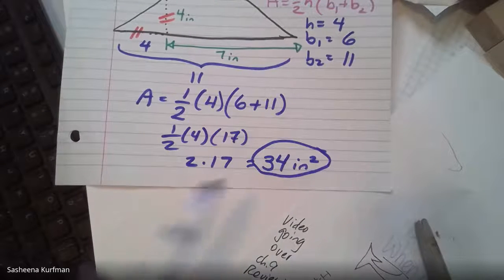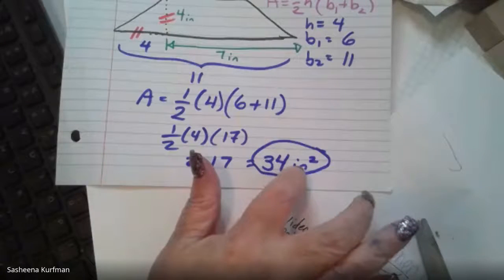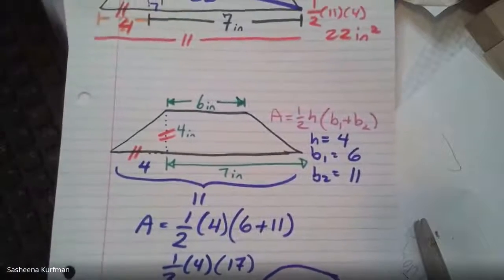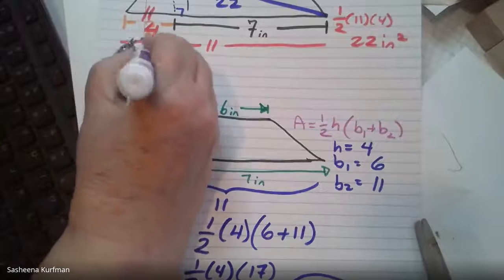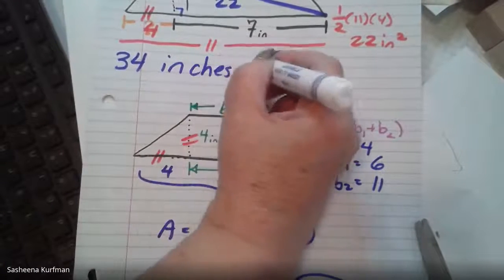Now keep in mind, you cannot get full credit on this problem on a test if you do not include the units and know that the units have to be squared. If you are not sure how to put that answer in the computer, there are multiple ways. I could say 34 inches squared.